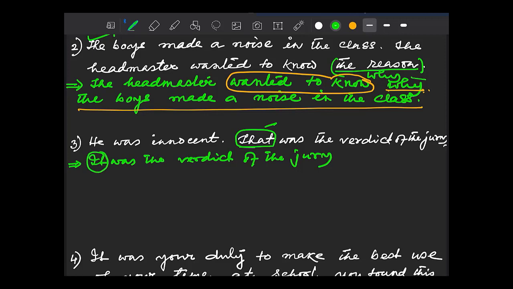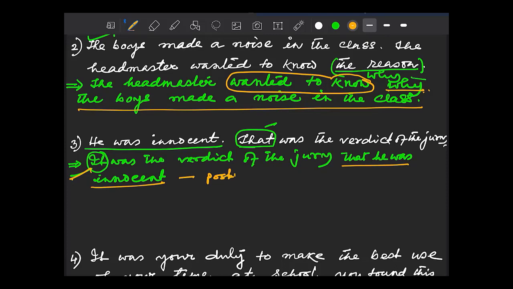This is the subject, but the actual subject is that he was innocent. So it is the postponed subject, but the real subject is that he was innocent.